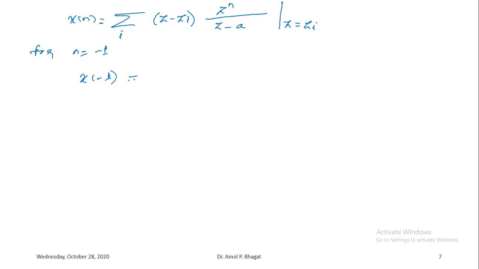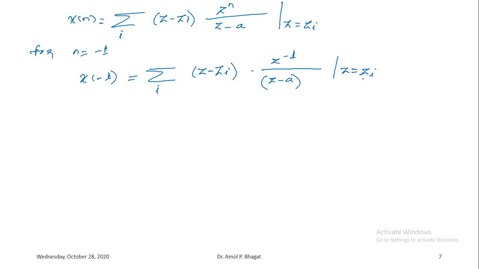So x of -1 is equals to summation for all i, correct? So it will be z minus zi into, substituting n is equals to -1, z inverse upon z minus a, correct? That is at z is equals to zi.